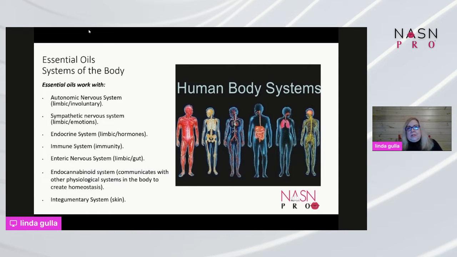And the endocannabinoid system is a phenomenal system that works with all the other systems in the body. That science was discovered in the mid-90s. So these are other systems of the body that we can do some webinars on in the future.